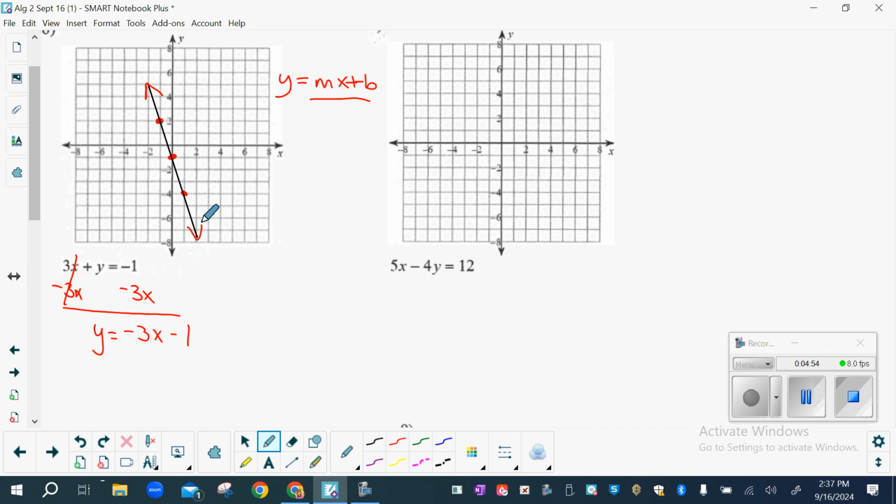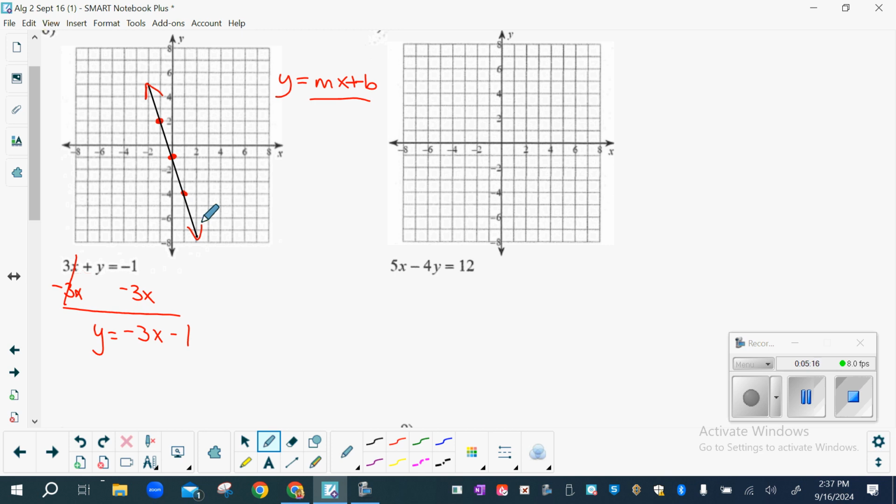What do I do on the next one to get it in slope intercept form? So eventually we're going to do that, but let's get our y term. Let's get the negative 4y by itself first. Minus 5x on this.